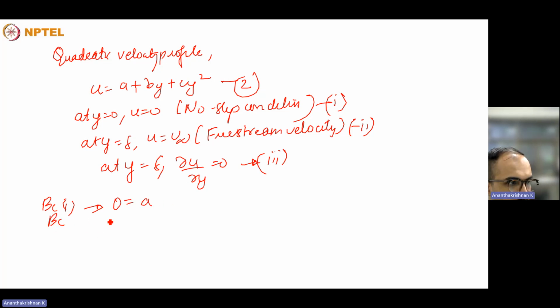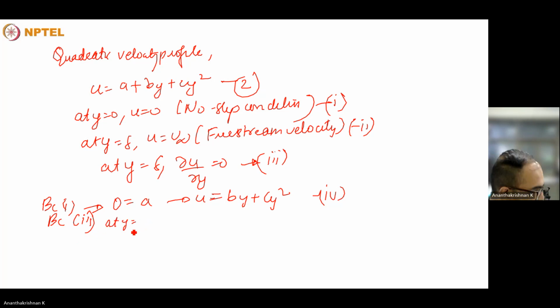Then u is equal to By plus Cy squared. Applying the second boundary condition, at y is equal to 0, u equal to 0, and at y is equal to delta, u is equal to u infinity.